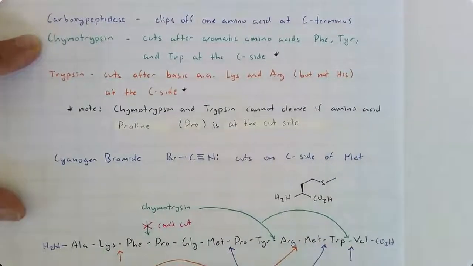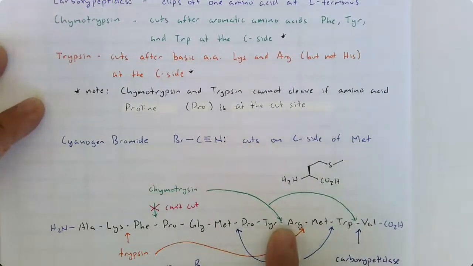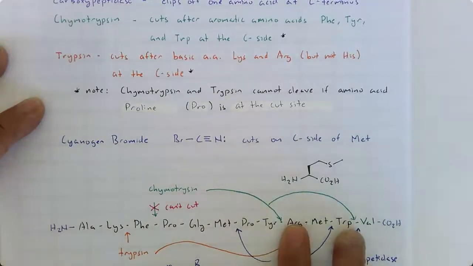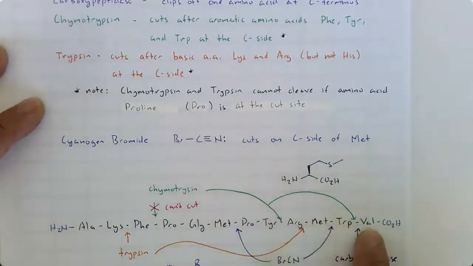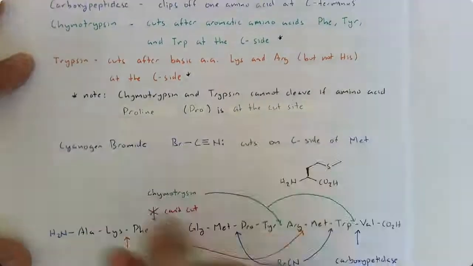Chymotrypsin, you give the enzyme enough time and it will cut in 2 places, here and here, giving us, I think, 3 pieces, right? This piece in the middle, and again, valine. So you have those fragments.